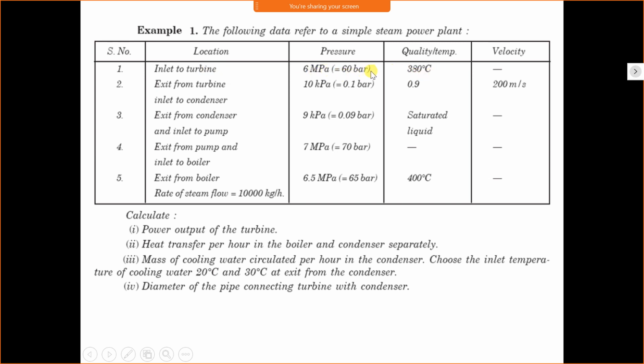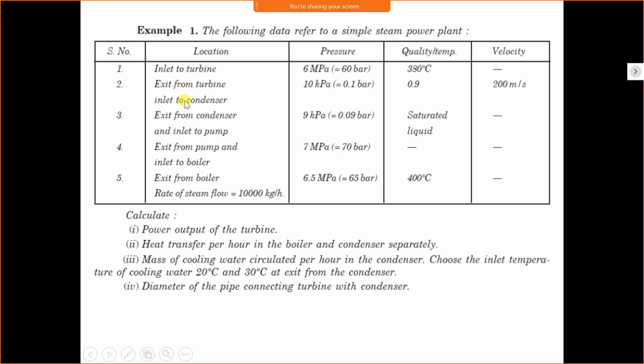As I told you, whenever pressure and temperature both are given, the condition of steam is superheated. If the steam is wet, or a liquid, or saturated, either pressure or temperature would be given in the problem. But in this case, both temperature and pressure are given. It means steam is superheated. Okay, entry to the turbine is superheated steam.